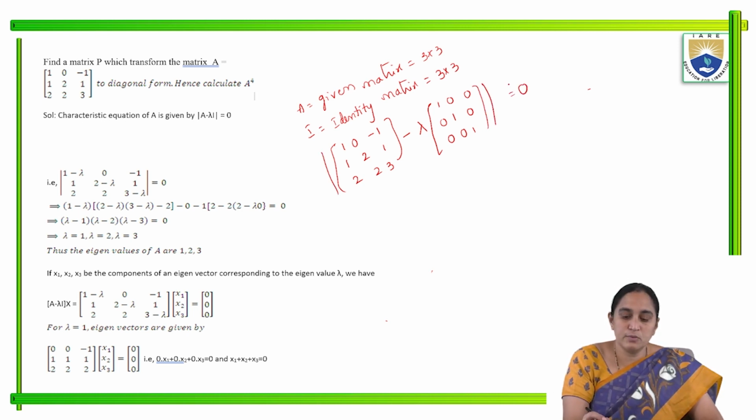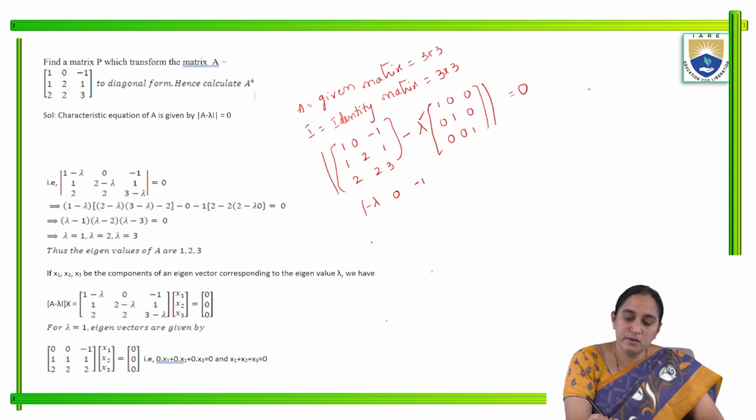Here lambda is unknown, and we have to find the eigenvalues for lambda. Now we have to subtract these two. First we multiply with lambda: 1 minus lambda into 1, that is 1 minus lambda; and 0 minus lambda into 0 is 0. Next, minus 1 minus lambda into 0 is minus 1.